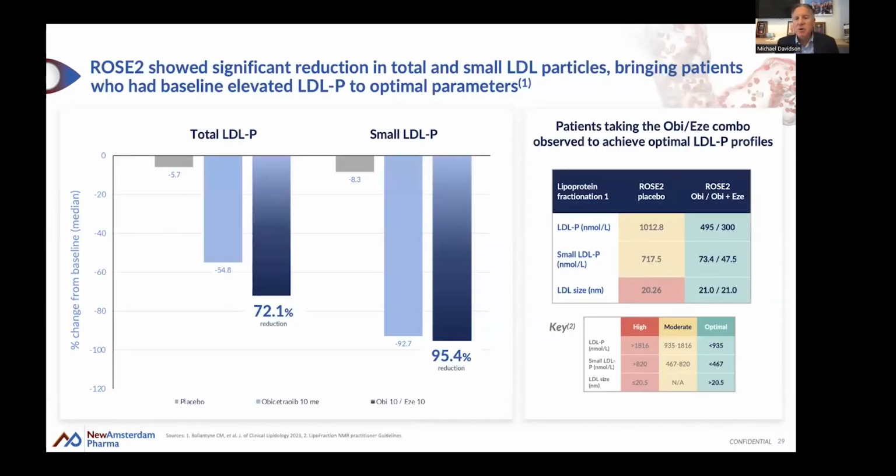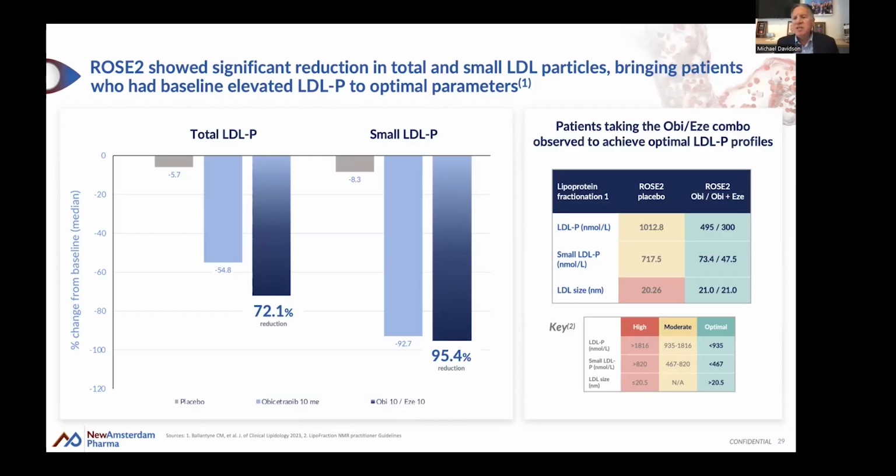And to share with you our particle data, which we're going to present at the American College of Cardiology: 54.6% total LDL-P reduction with the monotherapy and 72.1% total LDL-P reduction with the combo, but for small particles, 92.7% reduction with the monotherapy and 95.4% with the combination tablet.